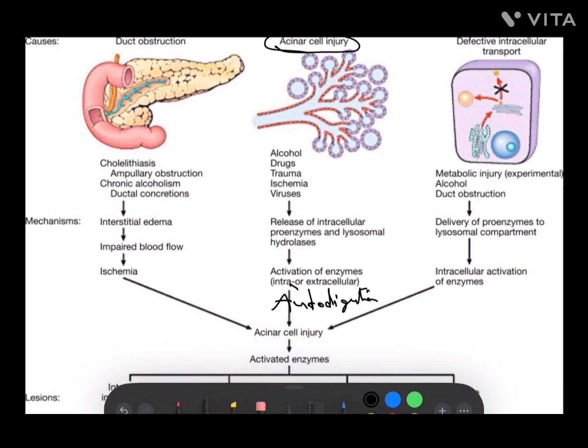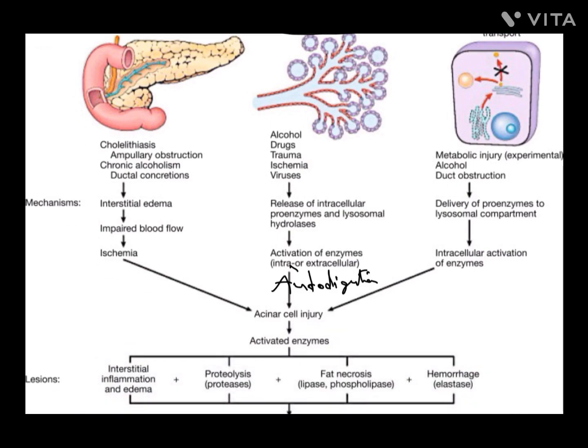So, one is with acinar cells, and then it will activate the enzymes. The second one is obstruction: if the patient has any obstruction like cholelithiasis, ampullary obstruction or chronic alcoholism, and ductal concentrations, the patient will get interstitial edema, then impaired blood flow, and we can see ischemia.